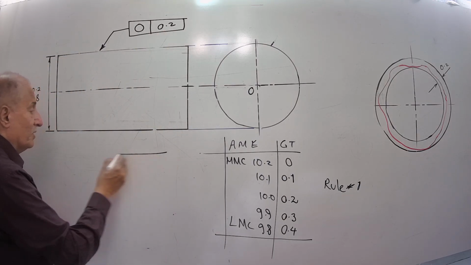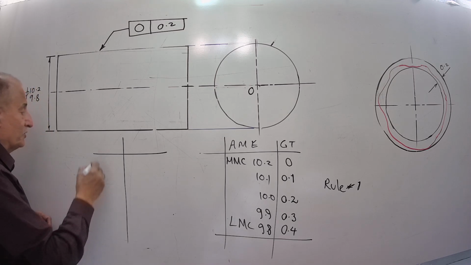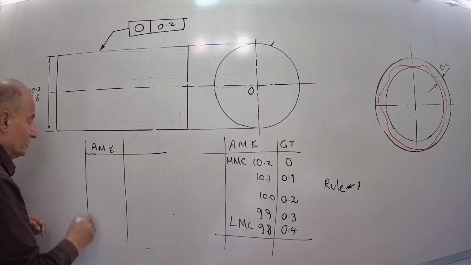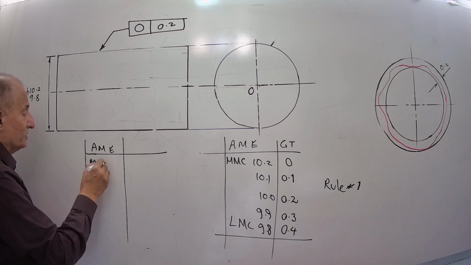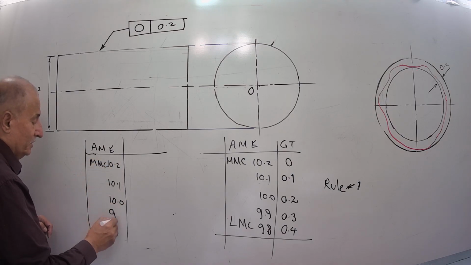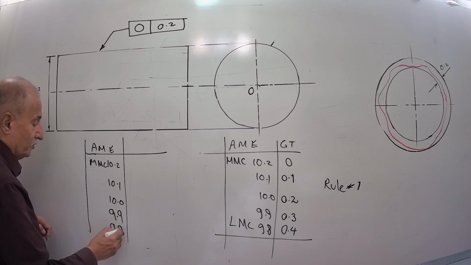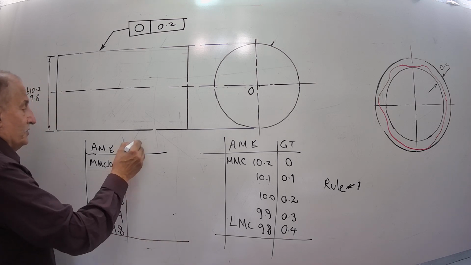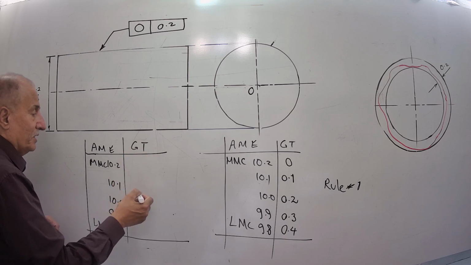Let's construct a table for different actual mating envelope sizes of this part, from MMC 10.2, 10.1, 10, 9.9, 9.8 LMC size, and geometric tolerance circularity here.